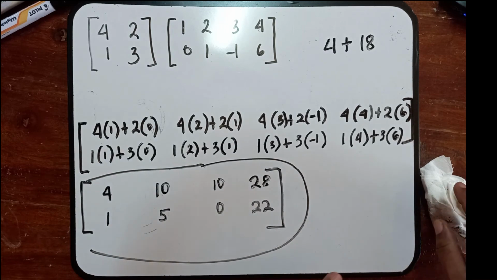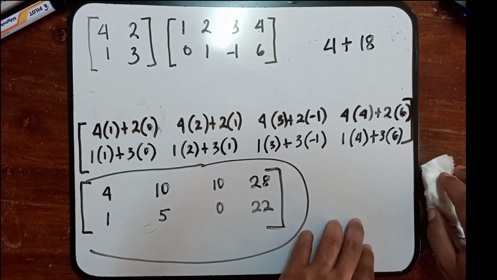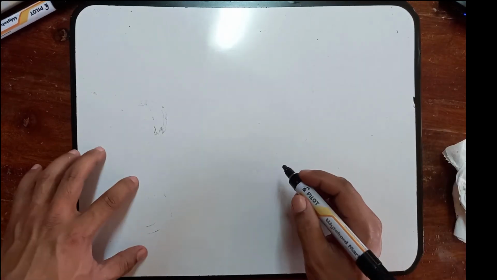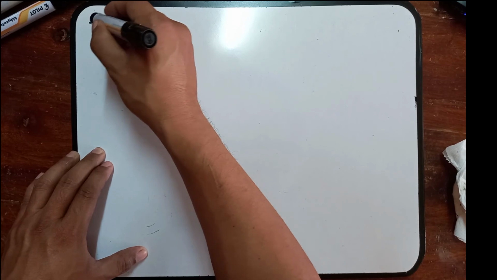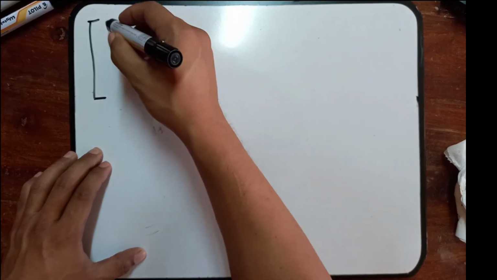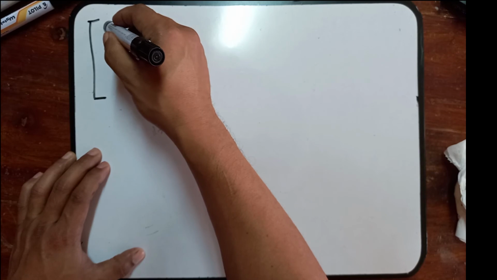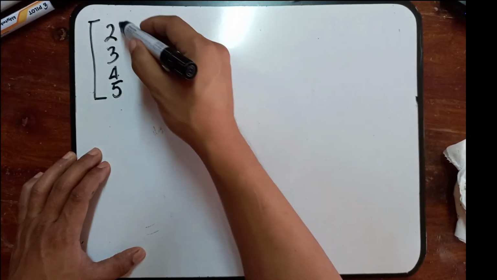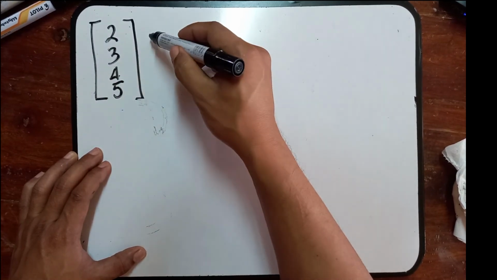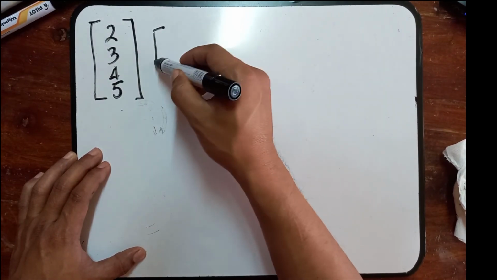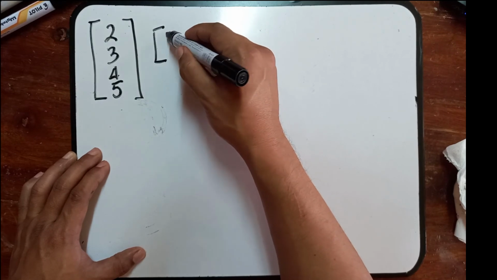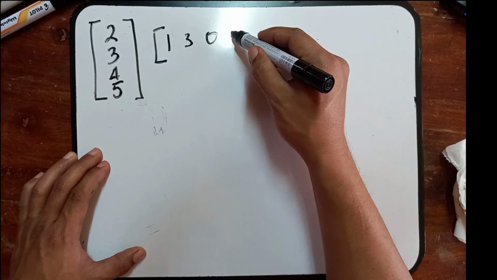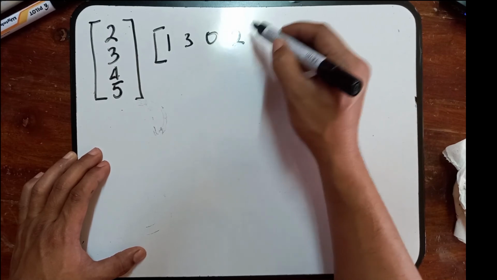Okay, so let's have another example for multiplication of matrix. Let me erase this one. Okay, so let's say we have this given: 2, 3, 4, and 5, multiplied with 1, 3, 0, and 2.